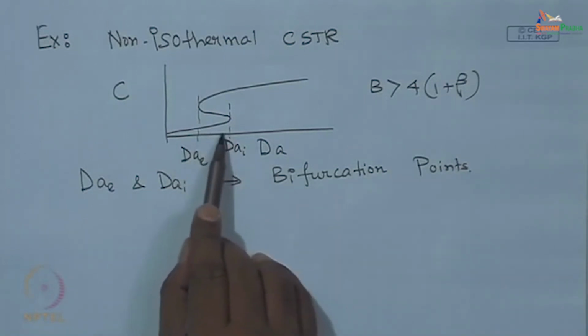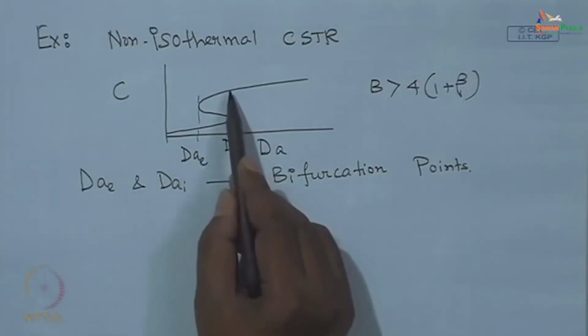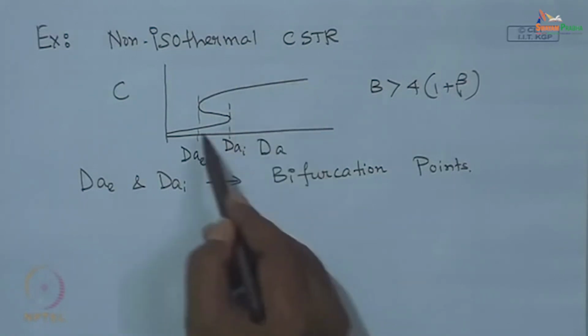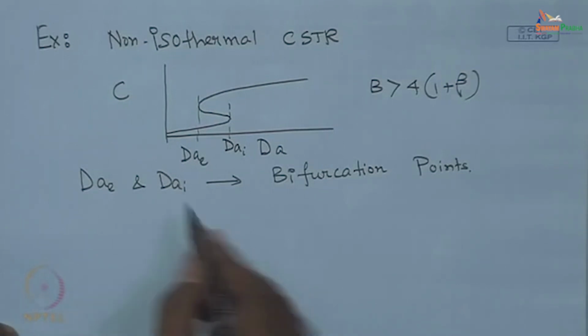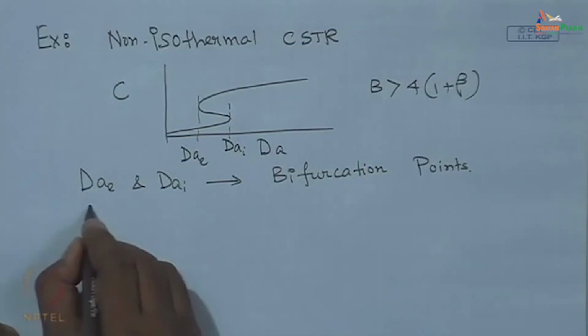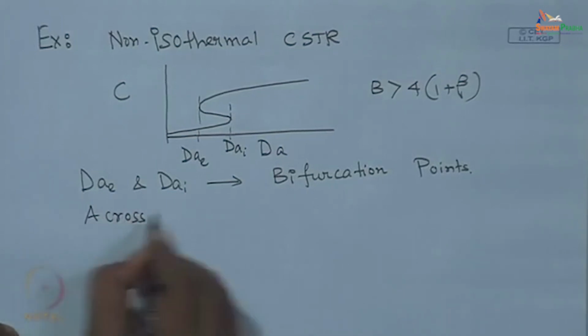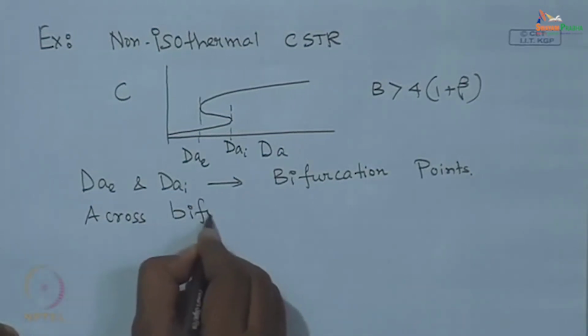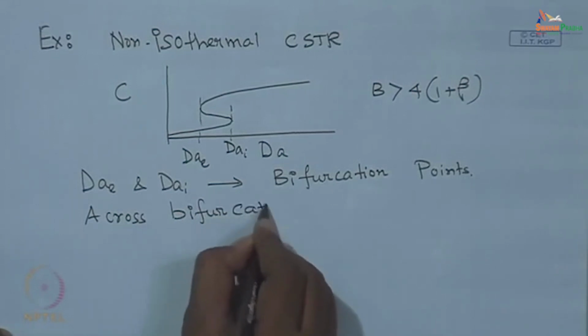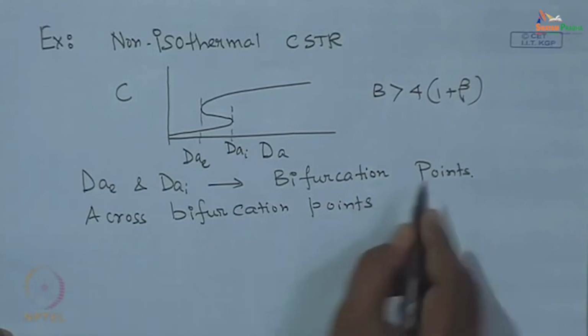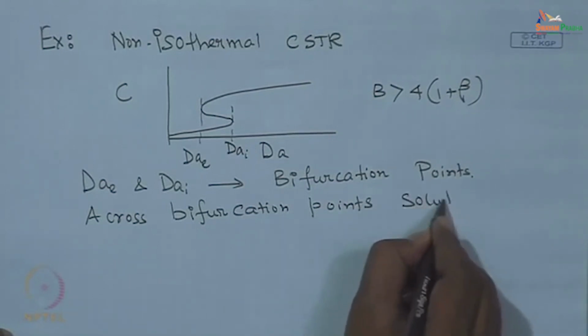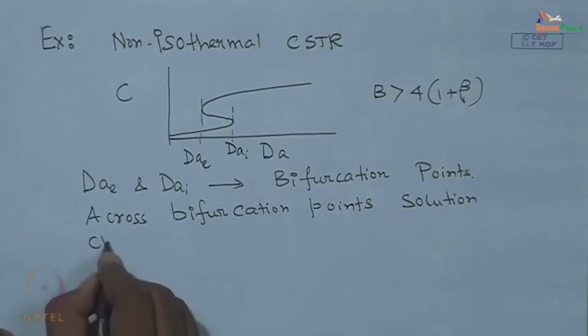If we slightly shift the Damkohler number from DaE or DaI, you will get a new steady state either in the upper half branch or in the lower half branch. So, across the bifurcation points the solution changes.